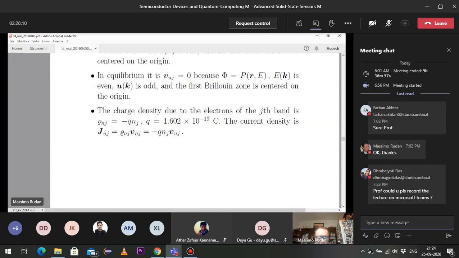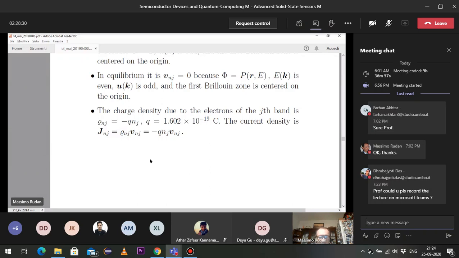Okay, but the charge density is minus Qn, so eventually the expression of the current density of band number j is minus Q n_j v_n_j.